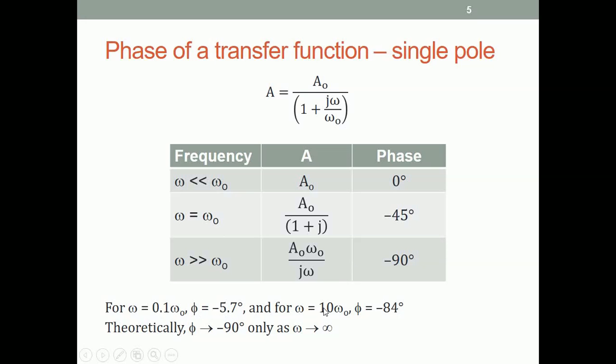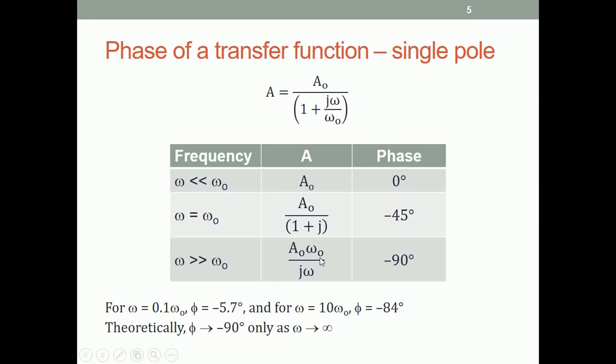And for omega equal to 10 times omega naught, the phase is minus 84 degrees. Also, it is very important to recognize that the phase tends to minus 90 degrees only as omega tends to infinity. Only as omega tends to infinity can A be written as this, and therefore the phase is minus 90 degrees.